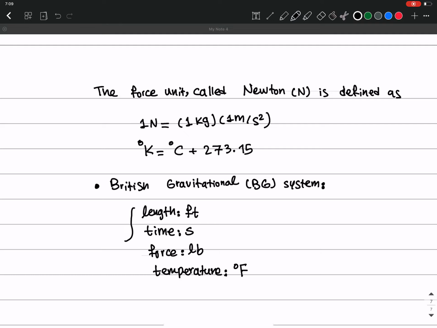So the 1 pound, the force here in this British gravitational system, is defined as 1 slug, which is the mass unit, times 1 foot per second square.